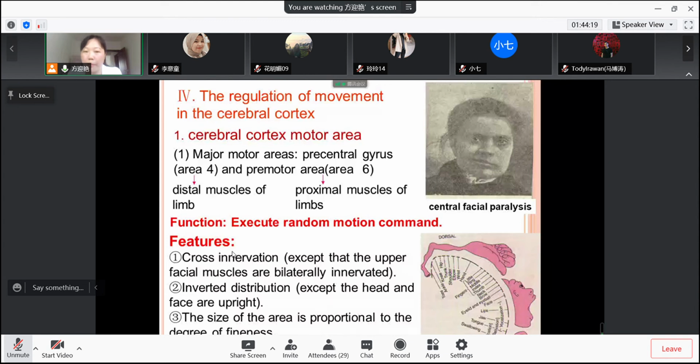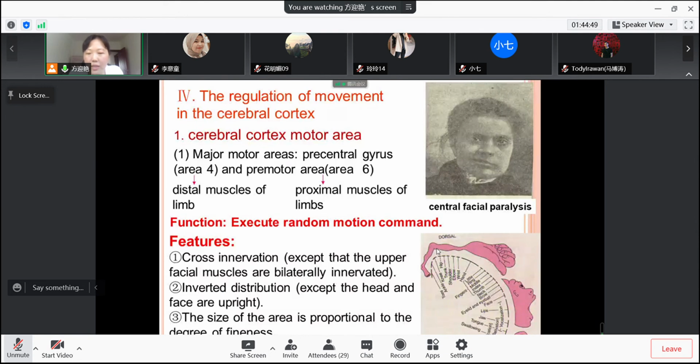This is unlike the cross innervation I described. And we can see here the innervation distribution.